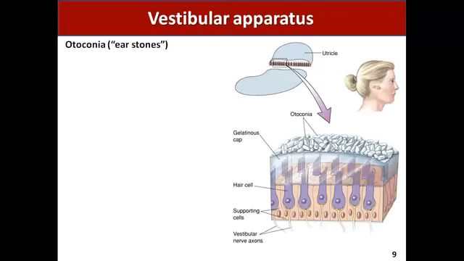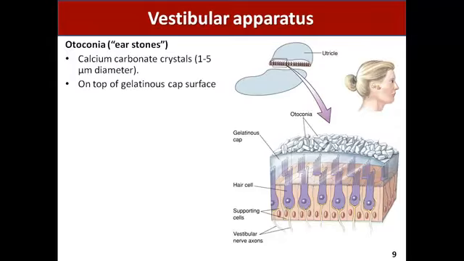Key to the sensory epithelia are what are referred to as ear stones, otoconia, which are small calcium carbonate crystals that range anywhere from 1 to 5 microns in diameter. And in this illustration, you see that the otoconia sit on top of a gelatinous cap, and contained within this gel-like structure are the projections from these hair cells.